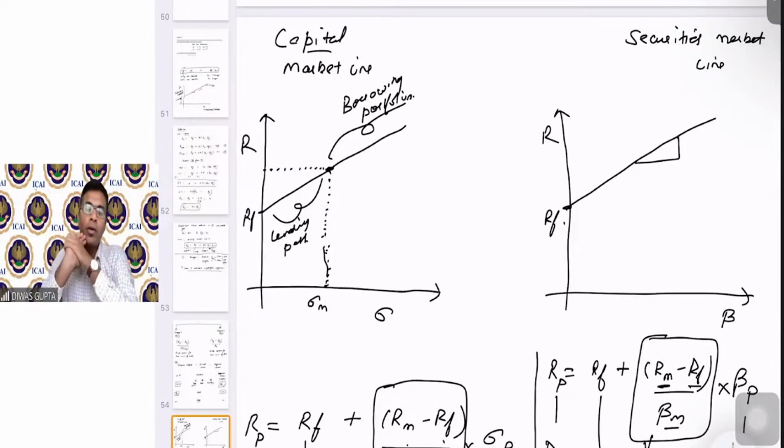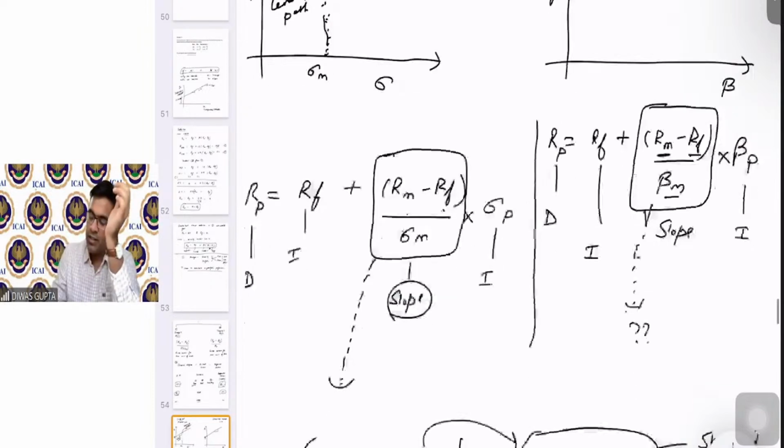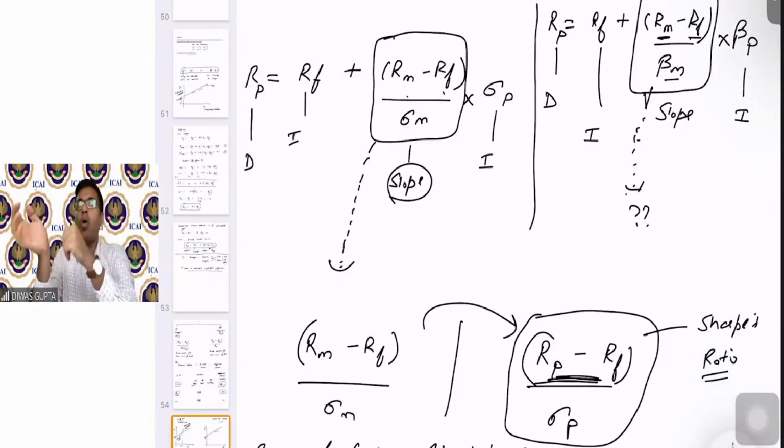Capital market line, securities market line, where we said that whatever is the definition of a line is getting fulfilled with this. And we interpreted what is the intercept, what is the slope. The slope of the capital market line, we always have to remember, is the market Sharpe's ratio. The slope of the securities market line, we have to always remember, is the Treynor's ratio of the market.